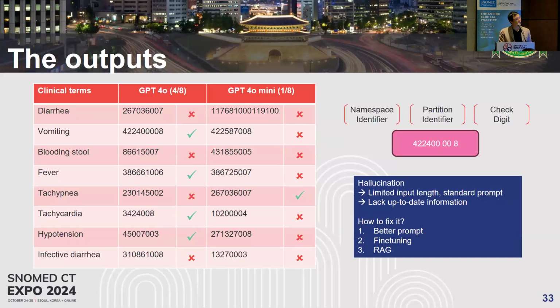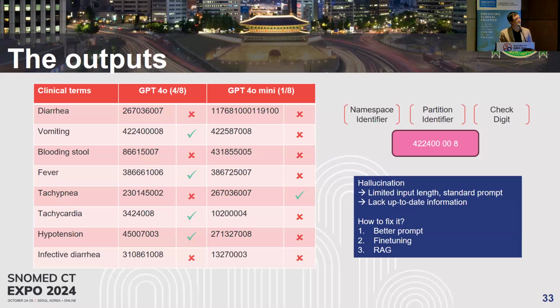But we think it has a lot of SNOMED CT knowledge, because if you look at the IDs, the namespace identifier, partition identifier, and check digits are almost right.